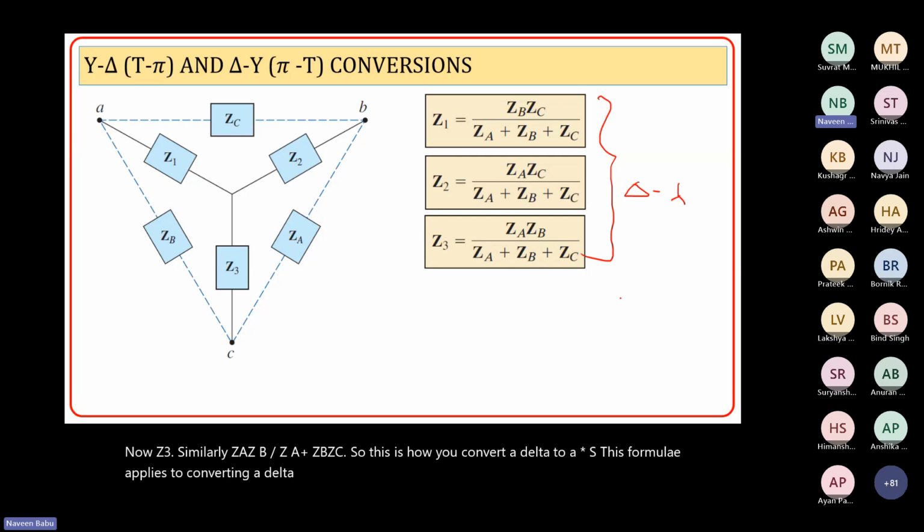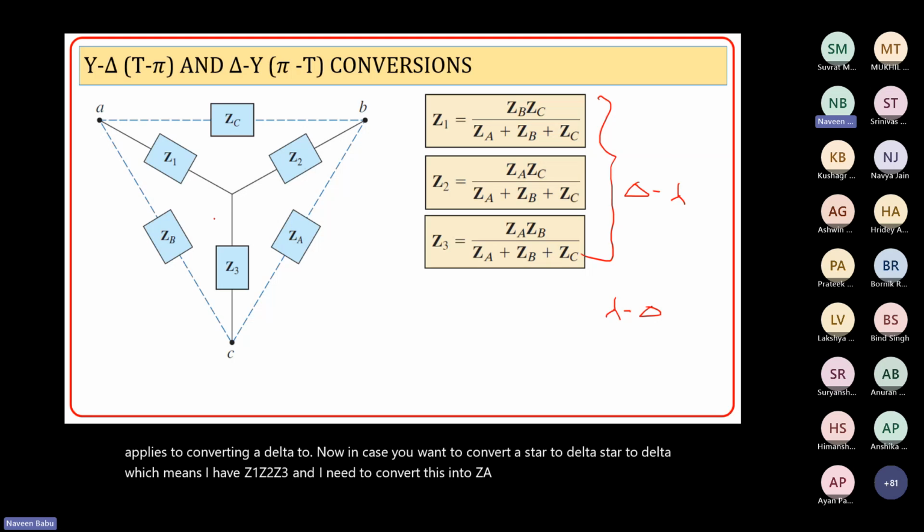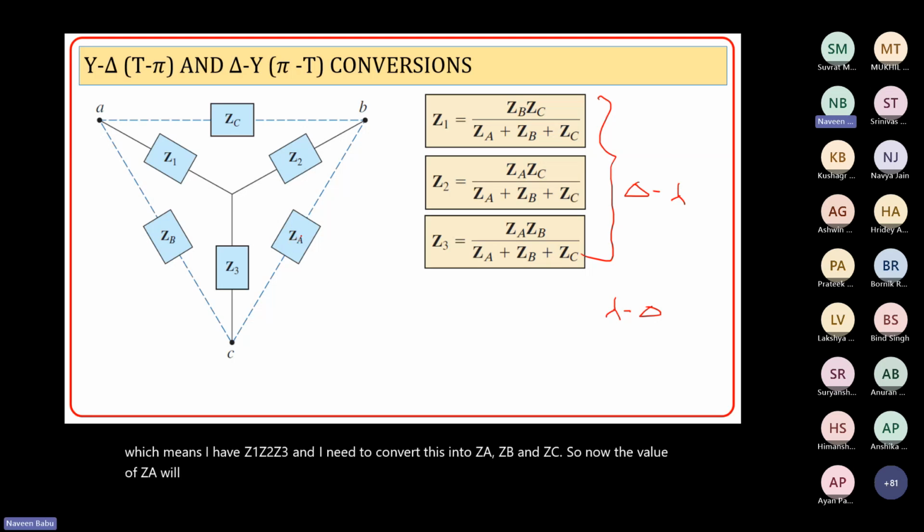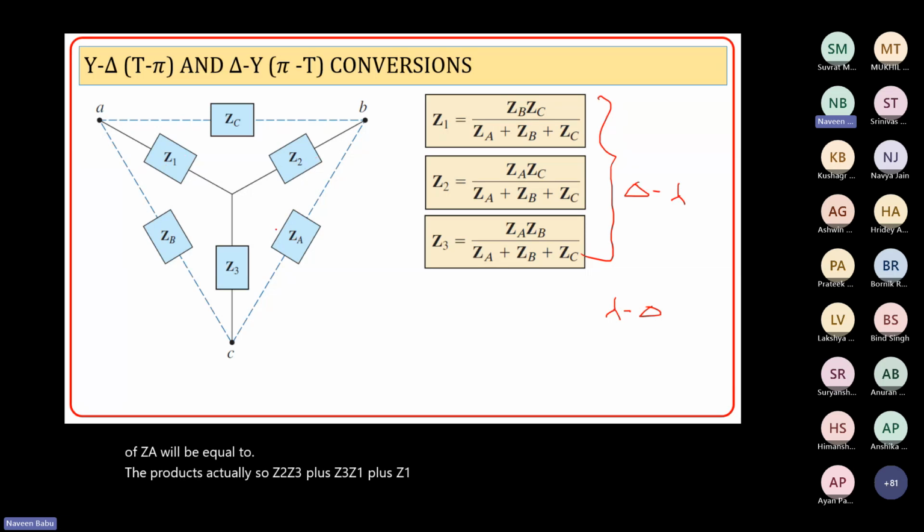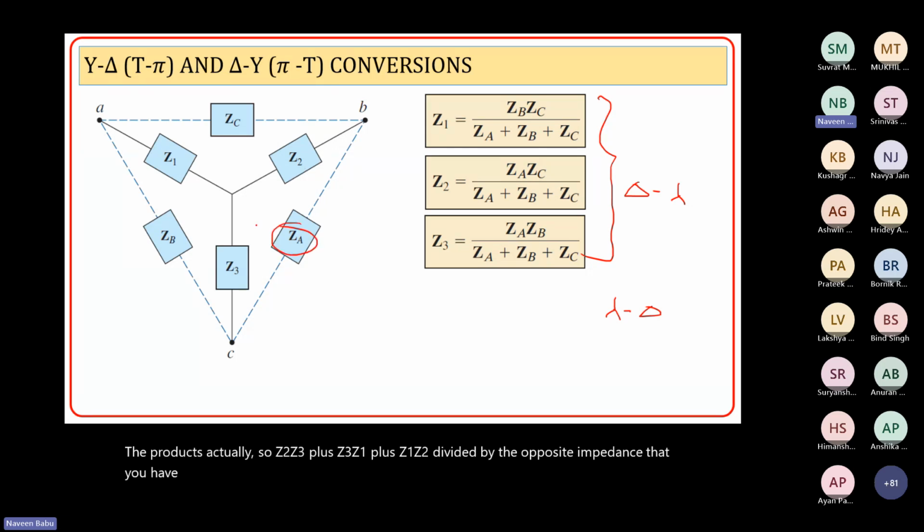Now, in case you want to convert a star to delta, which means I have Z1, Z2, Z3, and I need to convert this into ZA, ZB, and ZC, the value of ZA will be equal to the sum of products: Z2 Z3 plus Z3 Z1 plus Z1 Z2 divided by the opposite impedance. What is opposite to ZA? Z1 is opposite.